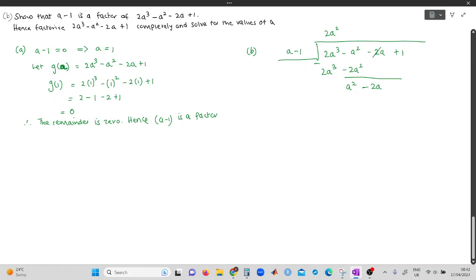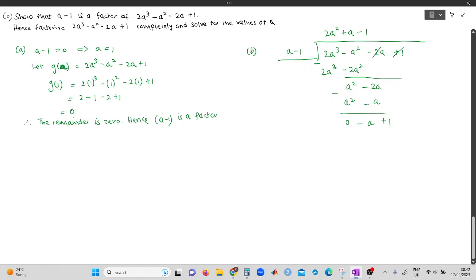Rediviser encore. A squared divisé par a, plus a. A multiplié par a squared, a multiplié par moins a. Donc, a squared minus a squared, 0. Minus 2a plus a, minus a. Bring down the plus 1. Moins a divisé par a, ça va me faire moins 1.